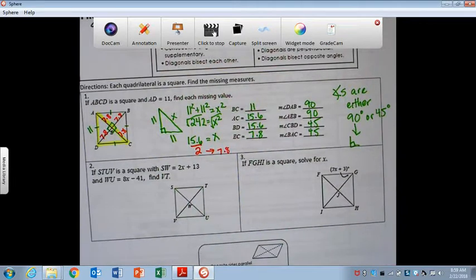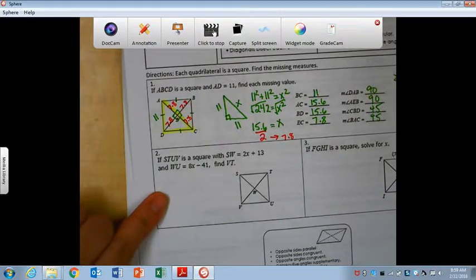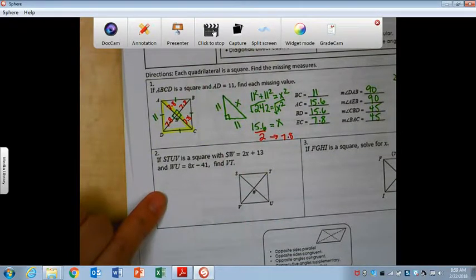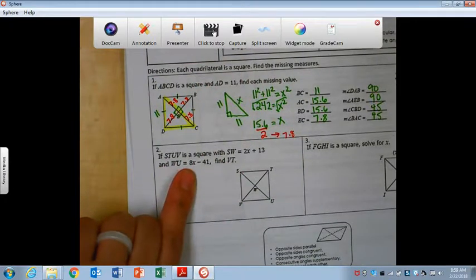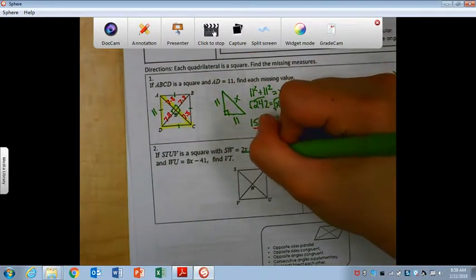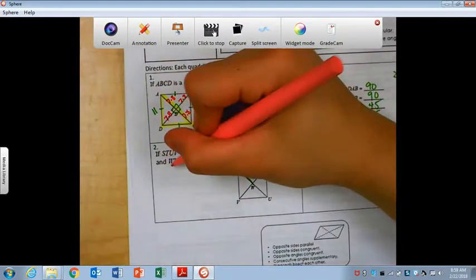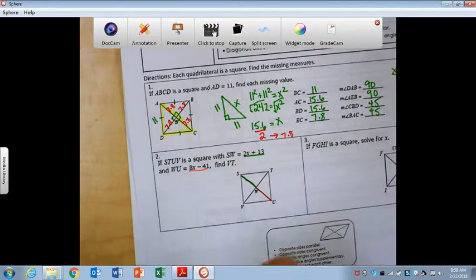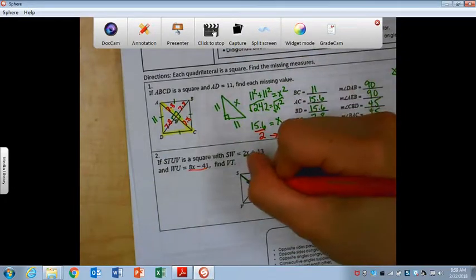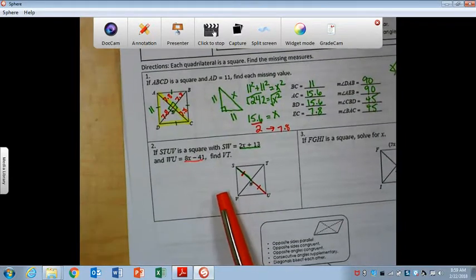Next thing. If STUV is a square with SW equals 2x plus 13, and WU equals 8x minus 41. So basically what they're saying is SW is this, and 8x minus 41 is that. Well, you know that these are the same, right? So how do you set up an equation to solve?